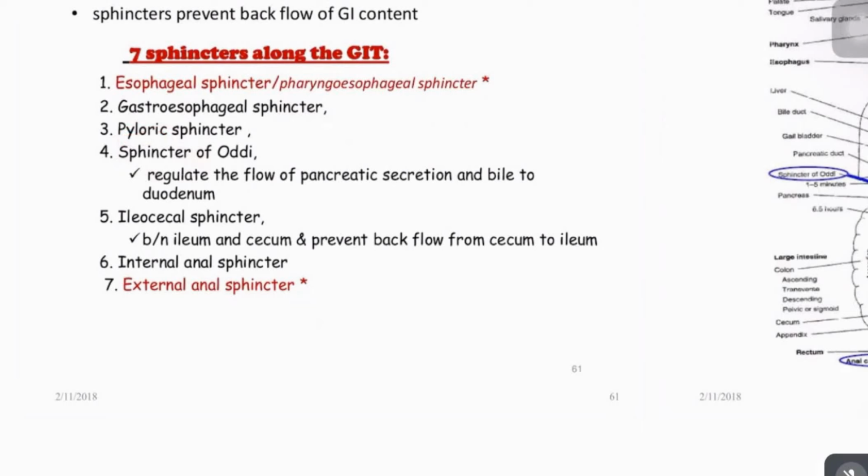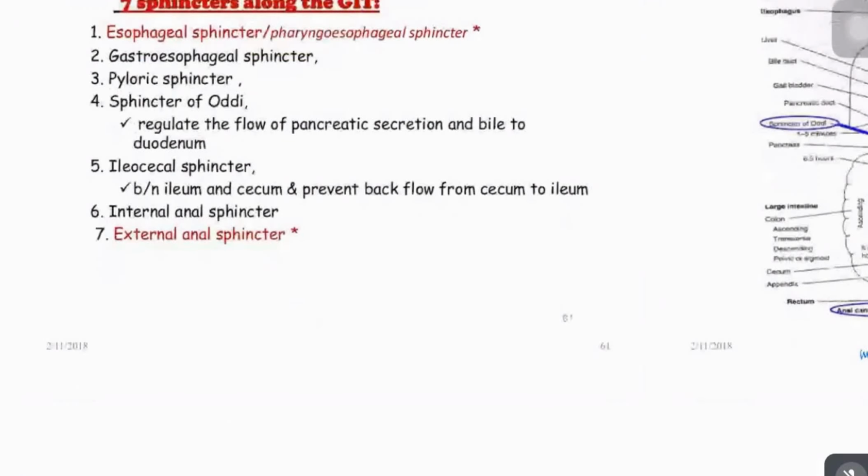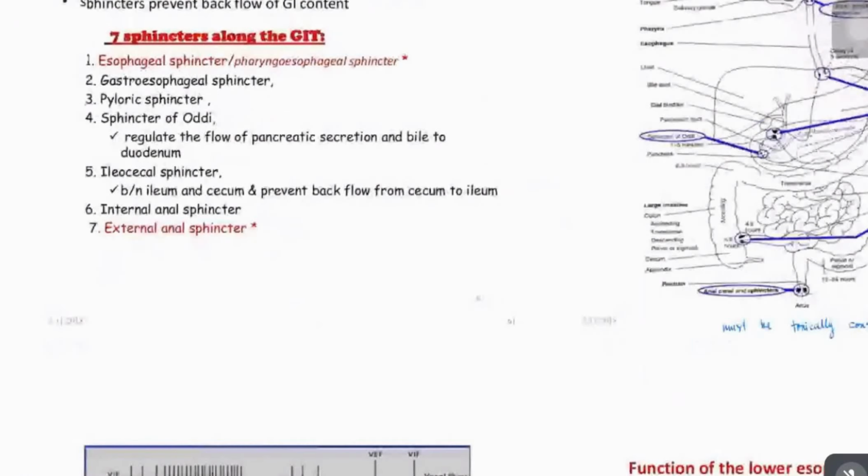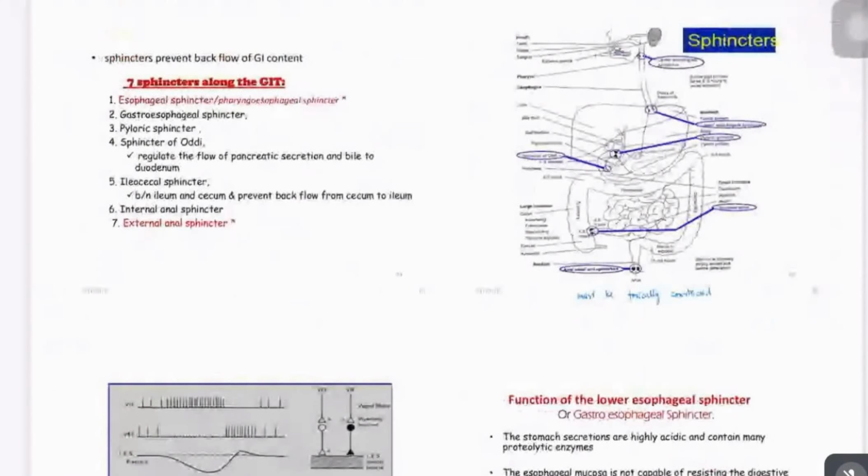It regulates the flow of pancreatic secretion and bile to the duodenum. Your ileocecal sphincter, between your ileum and your cecum, prevents the backflow from your cecum to your ileum. Your internal anal sphincter and your external anal sphincter. So these are your sphincters.